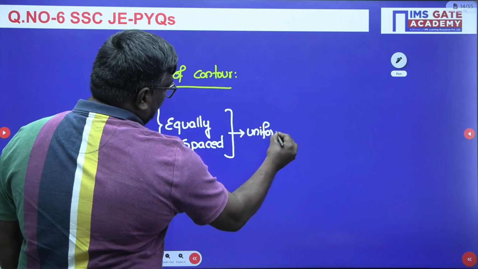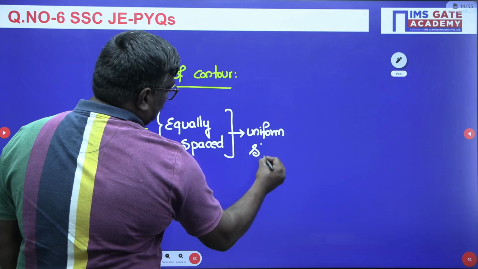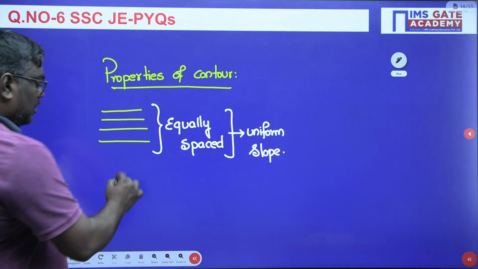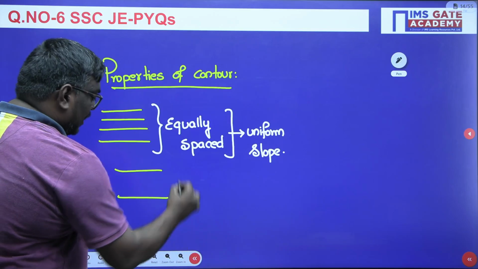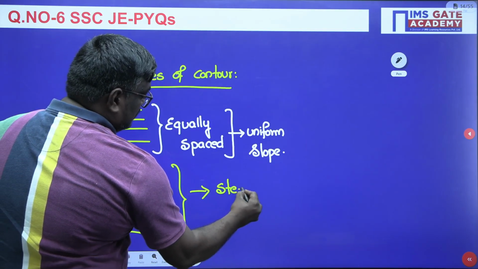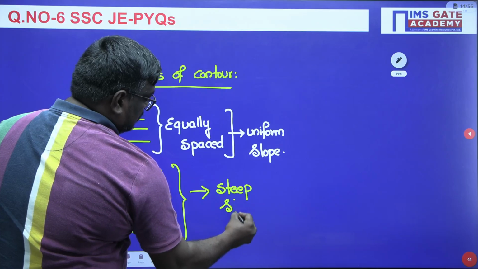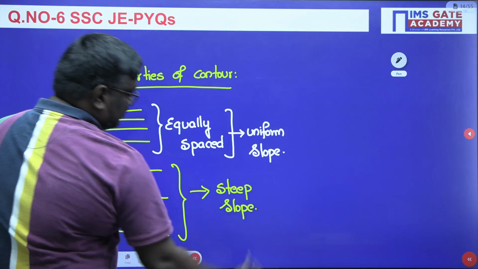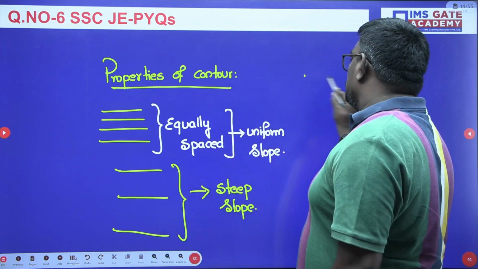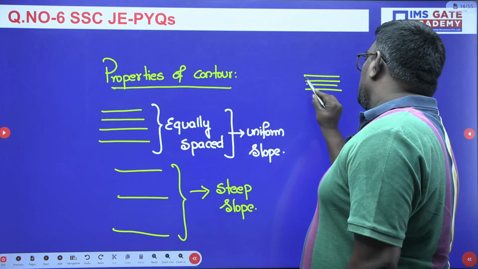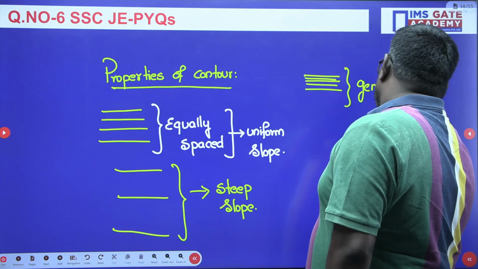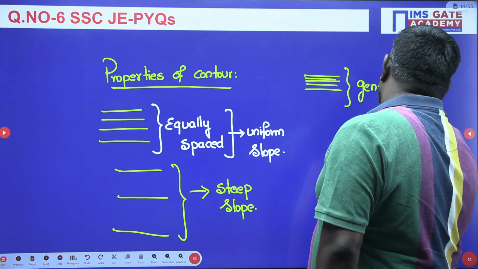Similarly, if the contour lines are well apart, it indicates steep slope. If they are very close to each other, then it indicates gentle slope. If they are equally spaced, it indicates uniform slope.